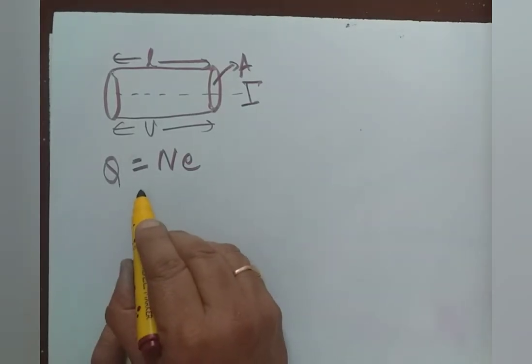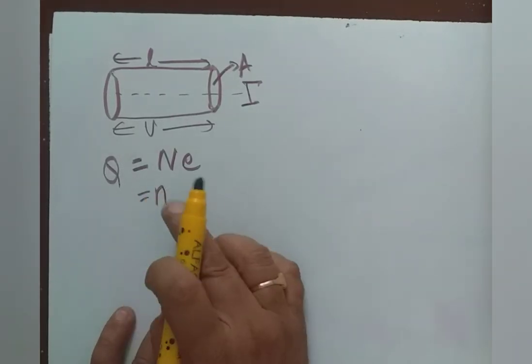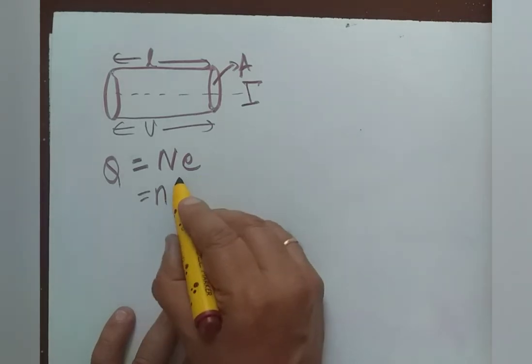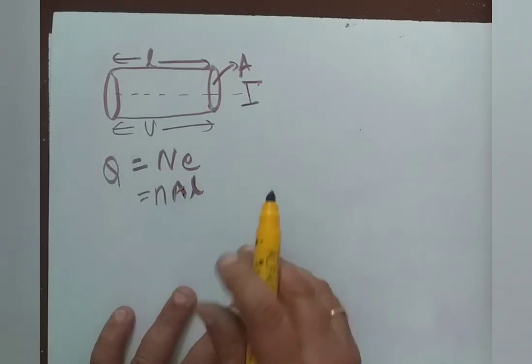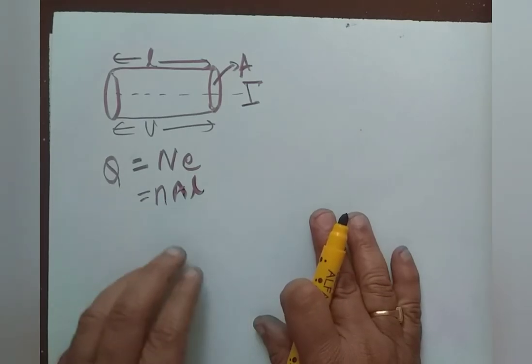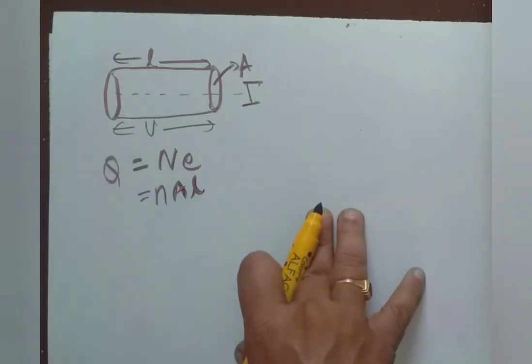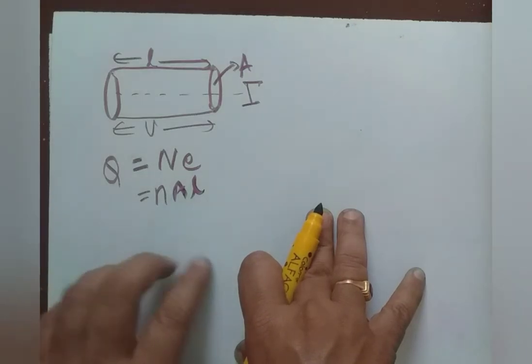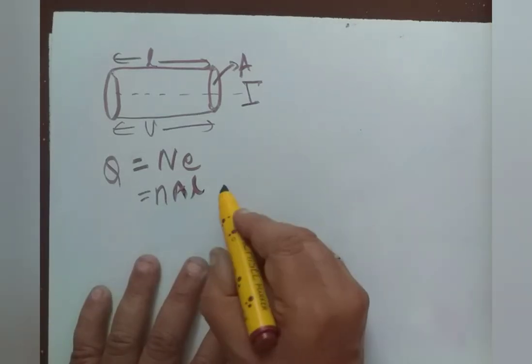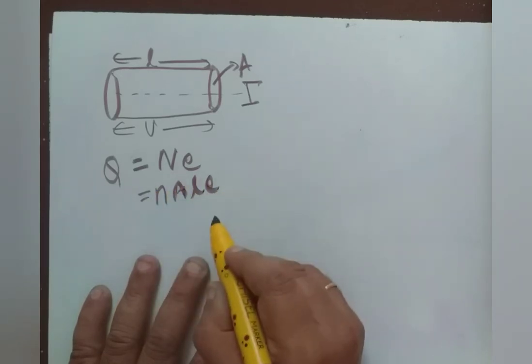Say n is the number of free electrons per unit volume into A into L, which is the volume of this conductor. nAL will give us the number of free electrons in this volume at any instant of time, and then e is the charge there.